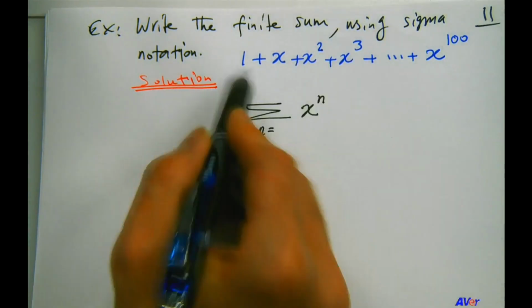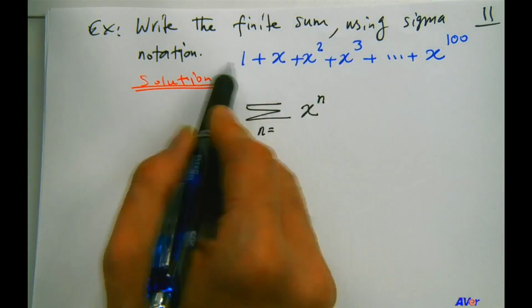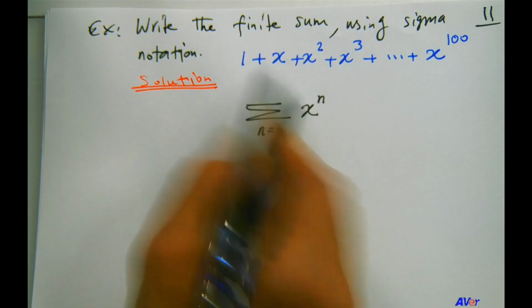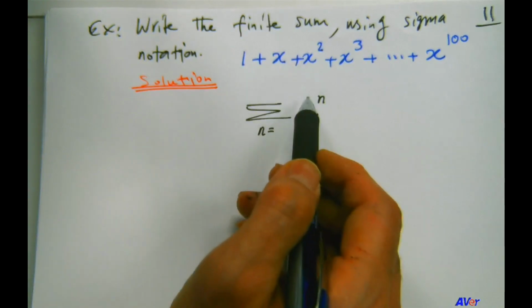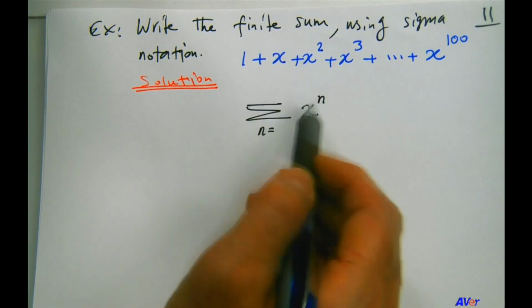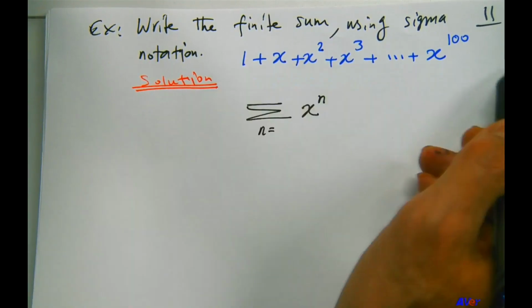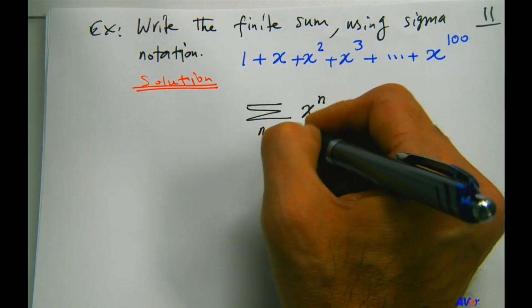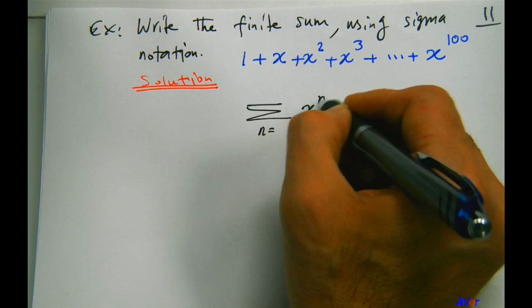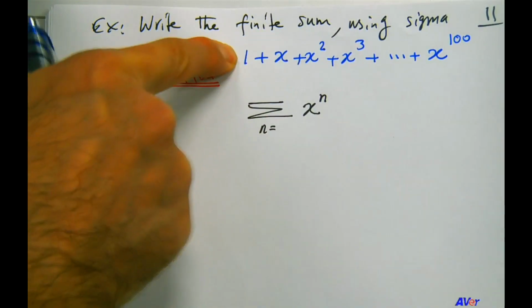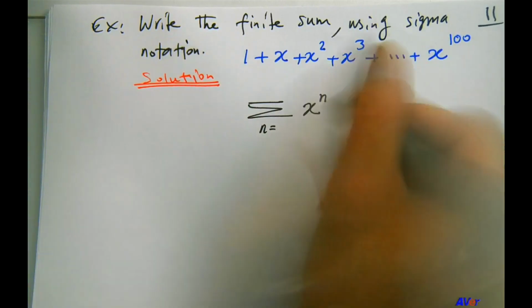But for the first term, I would get x, not 1. So how can I manipulate this to get what I want, which is this list? If I start from n equals 1, then the first term will be x, not 1. So I need to pick n such that I get 1.